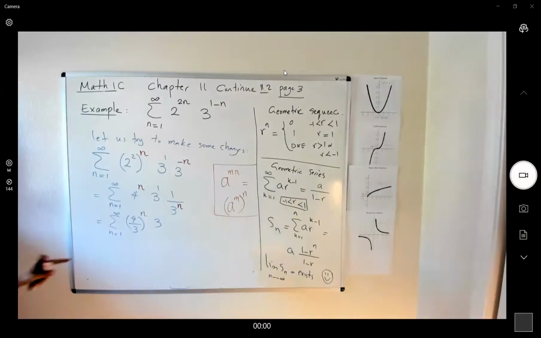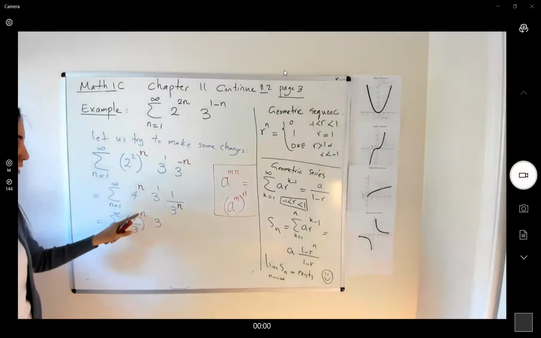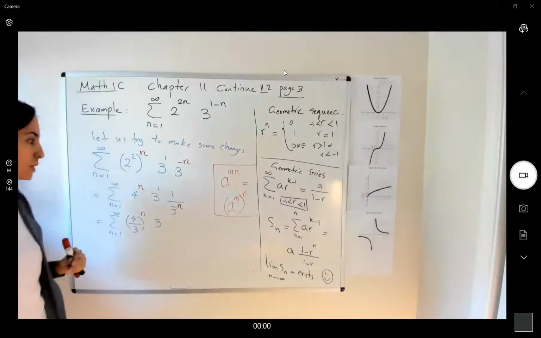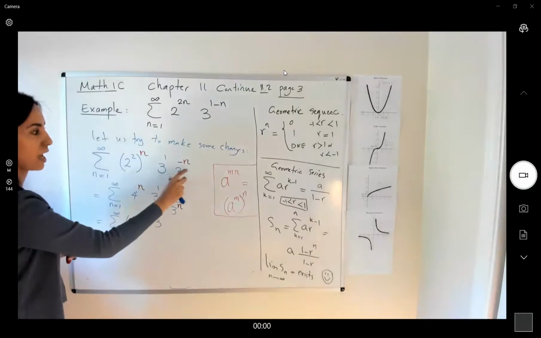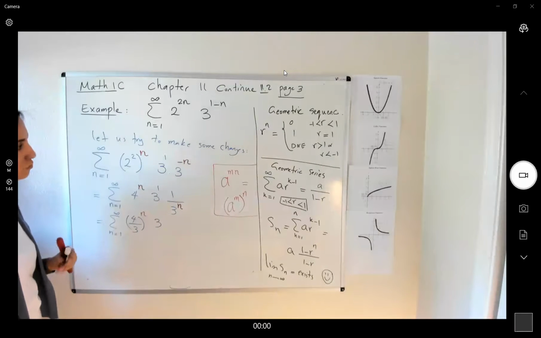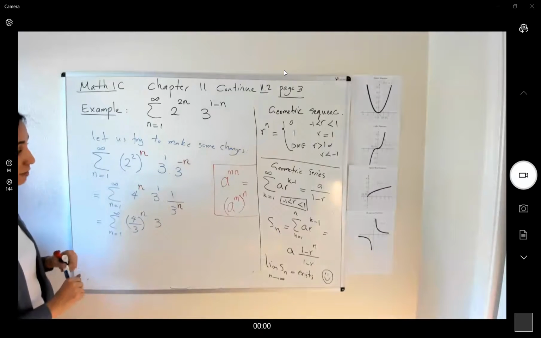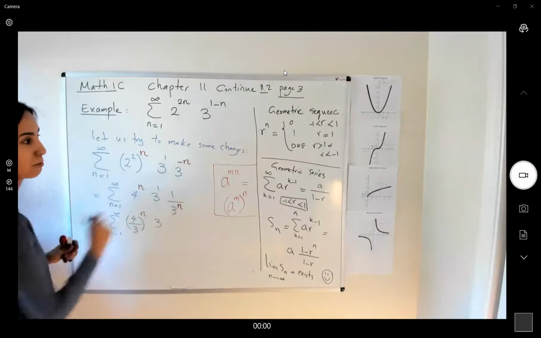If I write it this way, I only see exponent n. I don't see n minus 1. What can I do? I can keep this as 1 minus n, then flip this down here and create 3 raised to n minus 1.